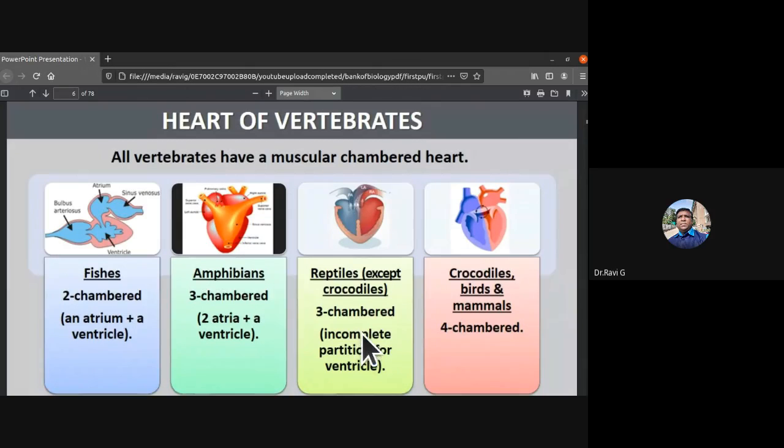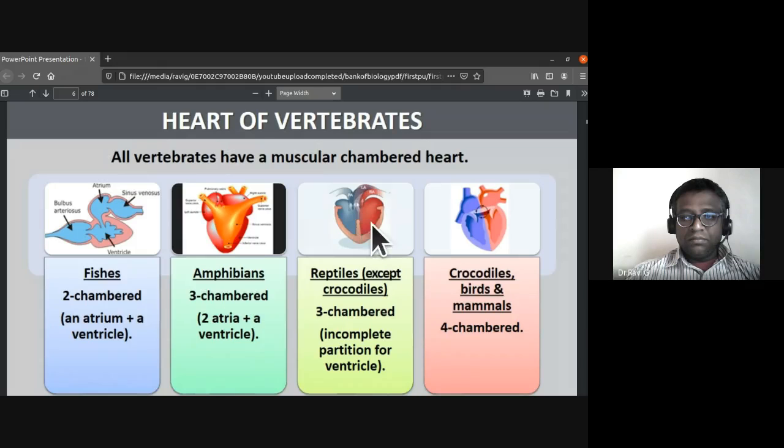In crocodiles, the heart is four-chambered. In reptiles, the three-chambered heart has two atria and one ventricle, with an incomplete partition in the ventricle.